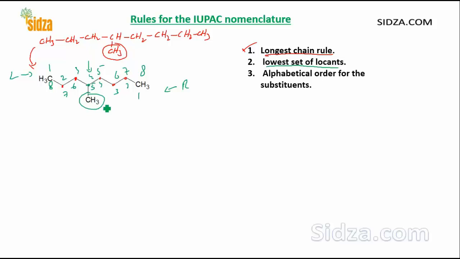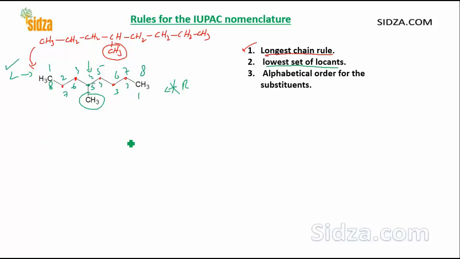That means the substituent group gets the position 4. But if I start the numbering from the right side here, this carbon which is attached with the substituent group gets the number 5. The numbering is correct where the carbon gets the least number, right? So that means right side numbering is wrong, left side here is correct.